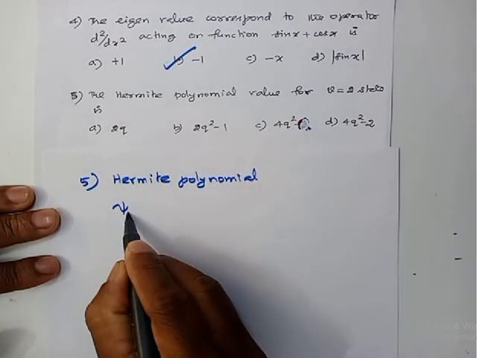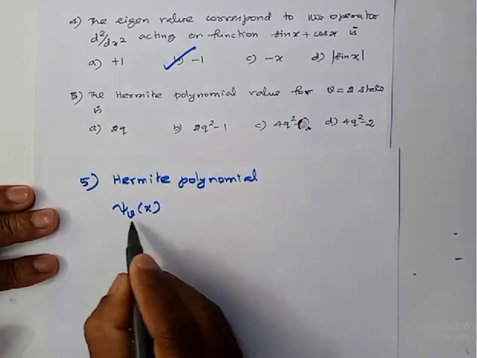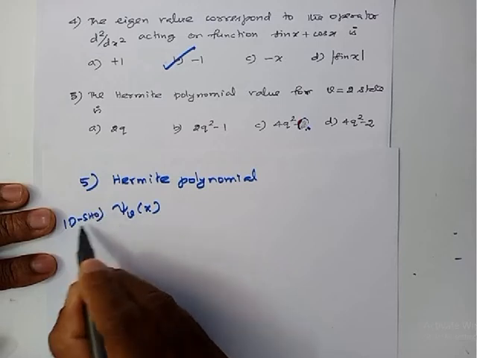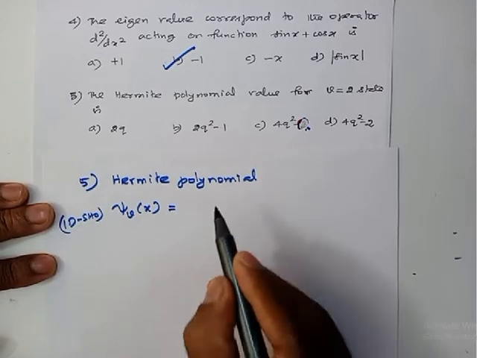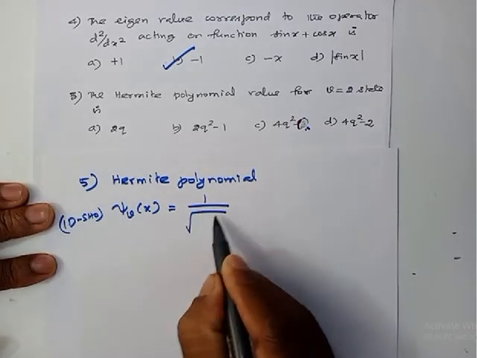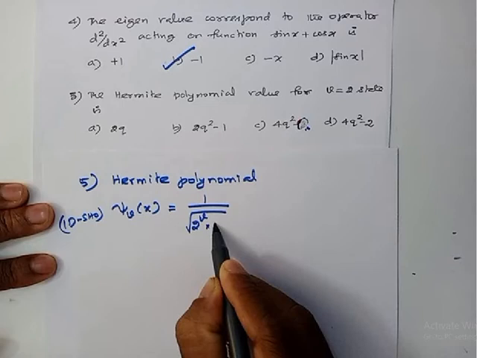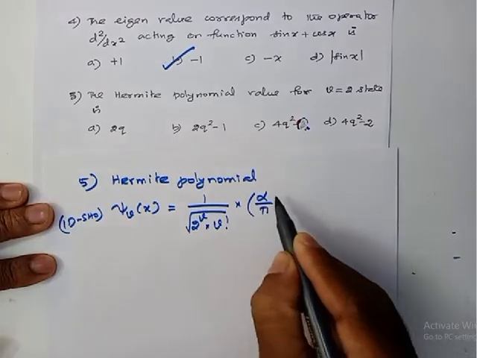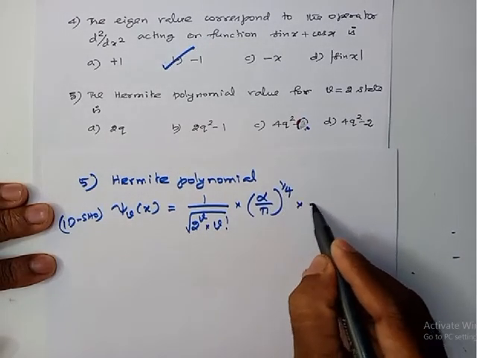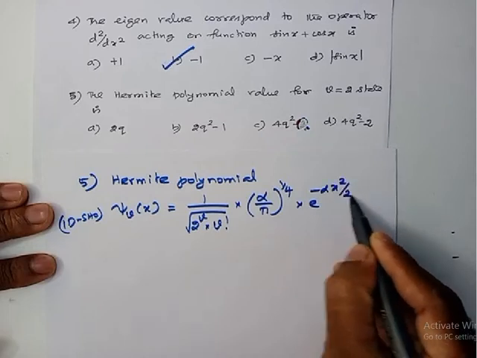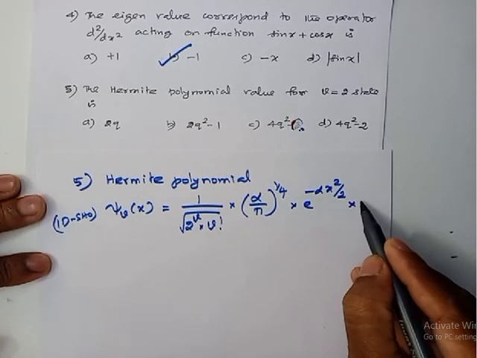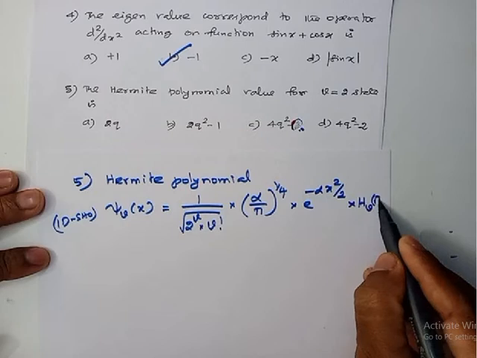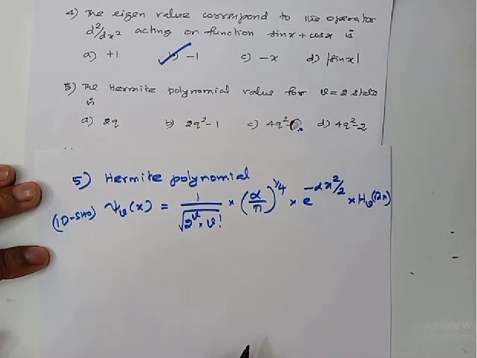The wave function for the vth vibrational state of the one-dimensional simple harmonic oscillator is the normalization constant 1 by square root of 2 power v into v factorial into (alpha by pi) whole power 1 by 4, into e power minus alpha x square by 2, then the Hermite polynomial Hv of root alpha into x.